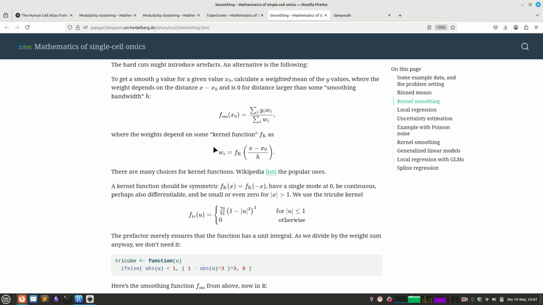For each data point, I ask, what's the distance of this data point to the position for which I currently want to calculate the smoothing value? And I divide this by some width of this thing, and then I get a weight.